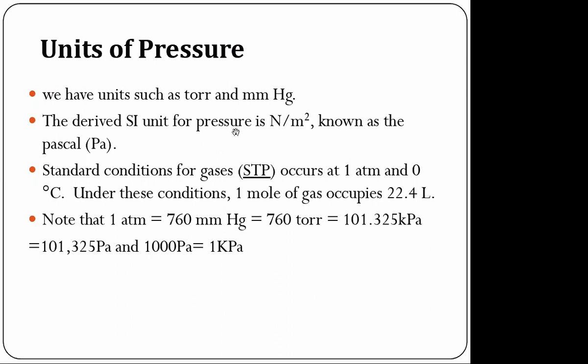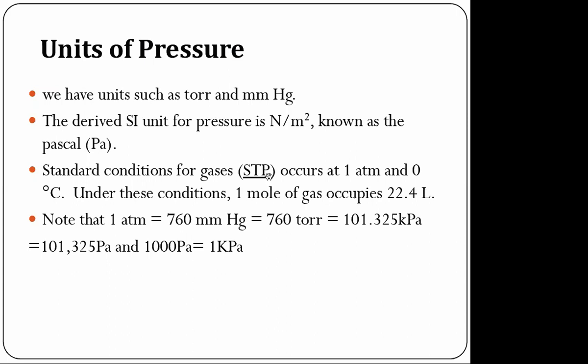And we have mentioned that pressure is force over area. So in that case, pressure will become Newton per meter squared. You can also express pressure in Newton per meter squared, which is also known as Pascal. So 1 Newton per meter squared is the same thing as 1 Pascal.